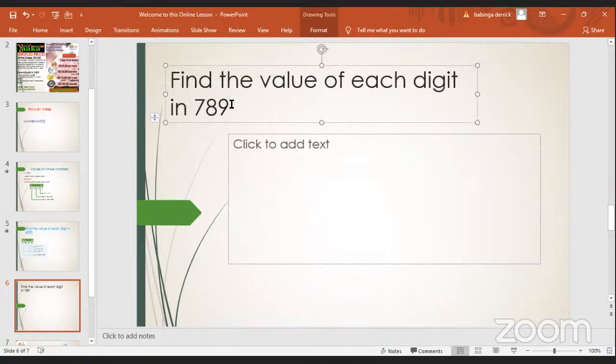Someone has completed already. Do it very fast. You find the value of this number here, and I'm ready to give you feedback, okay? You give the place values first, then you can find the value of each digit. I want everyone to write very fast in the book you're using.